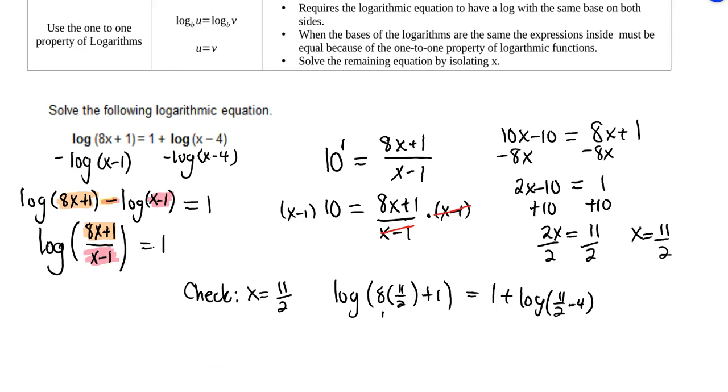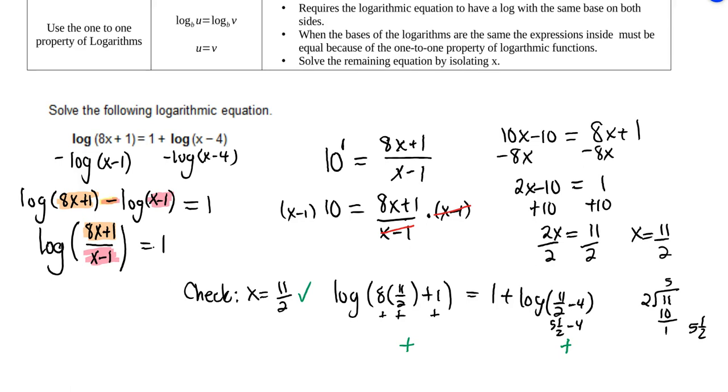So here I've got a positive times a positive plus a positive, so this expression will be positive and that's okay. But over here we have log of 41 over 2 minus 4. 41 over 2, let's see, 2 goes into 41 20 times with 1 left over, so that's 20.5. So 20.5 minus 4 is also a positive, and so we're going to be able to keep that solution of 41 over 2.